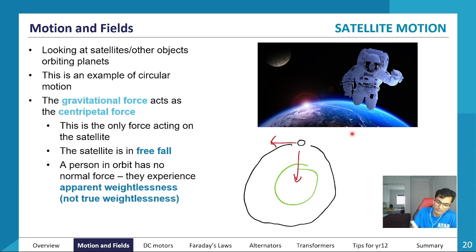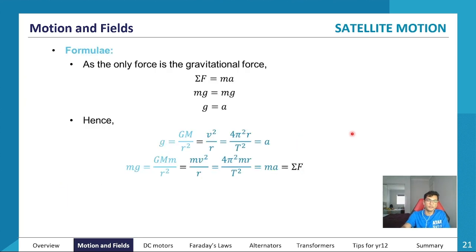Keep in mind that there's a difference between apparent weightlessness and true weightlessness. Since the astronaut is feeling weightless, we call that apparent weightlessness. It's not true weightlessness because he still has mass. It's just that he doesn't feel the weight force. So there's a slight discrepancy between those two terms.